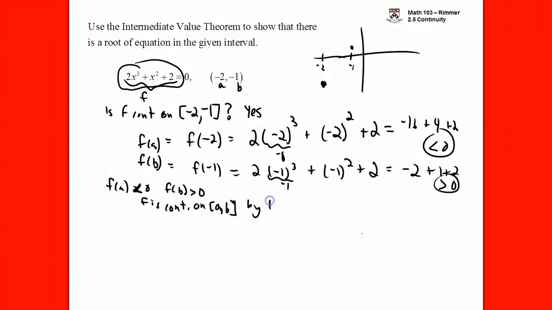By the shorthand IVT, I don't know where, but somewhere in the interval, there is a C. There is something, x equals C, in the interval, so that when I plug that C in, I get exactly 0 out. There's a root. And you're done with that problem.